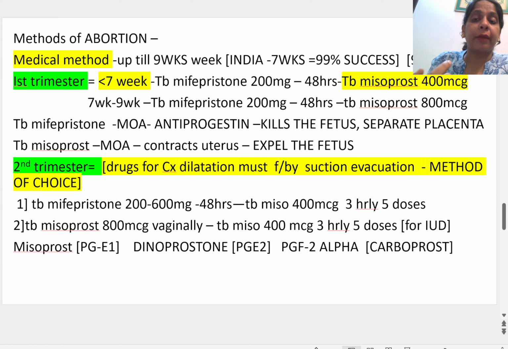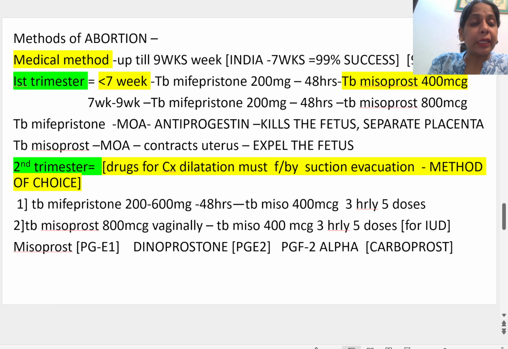Less than 7 weeks, 400 is given, and 7 to 9 weeks we can give 800 microgram misoprostol. The mifepristone first kills the fetus, and then misoprostol contracts the uterus and expels it.